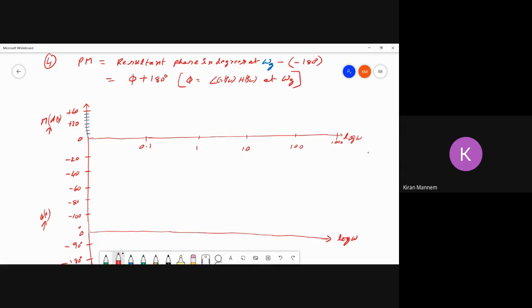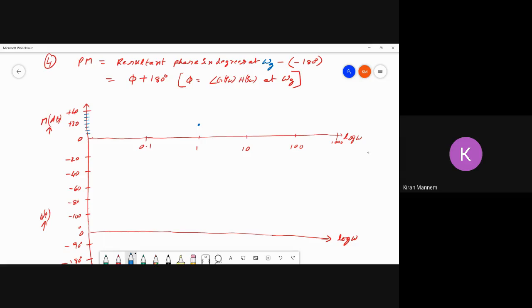So 5, 10, 15, it's almost here, right? So we'll have a point here. The point value is 15.56 dB at omega equal to 1.